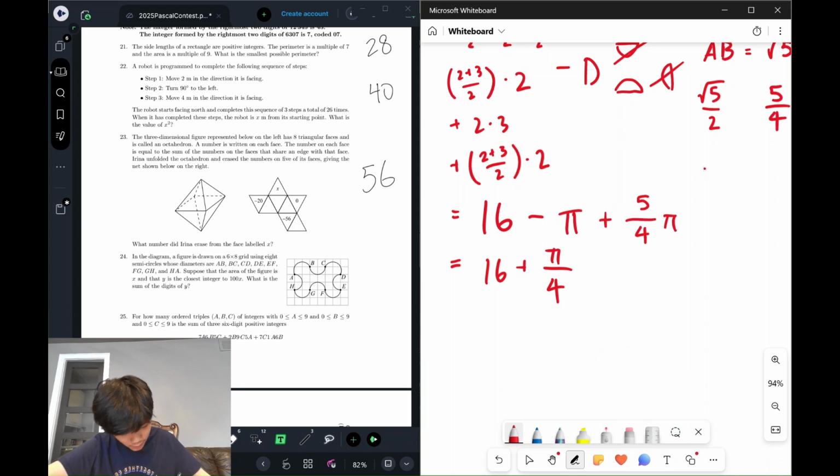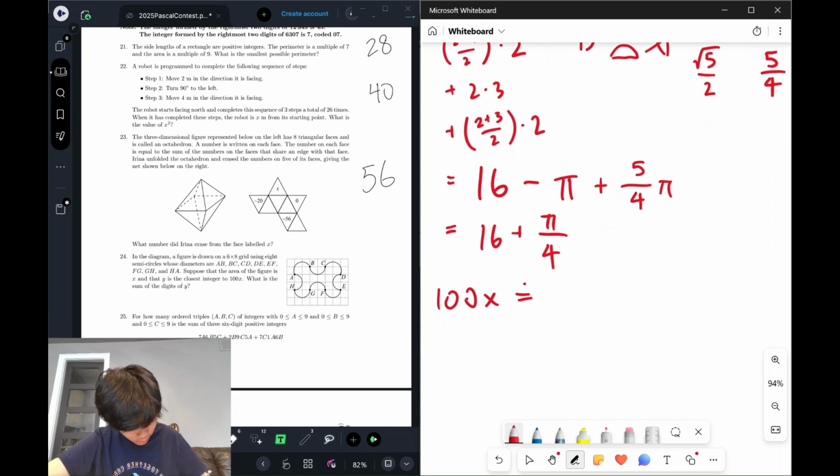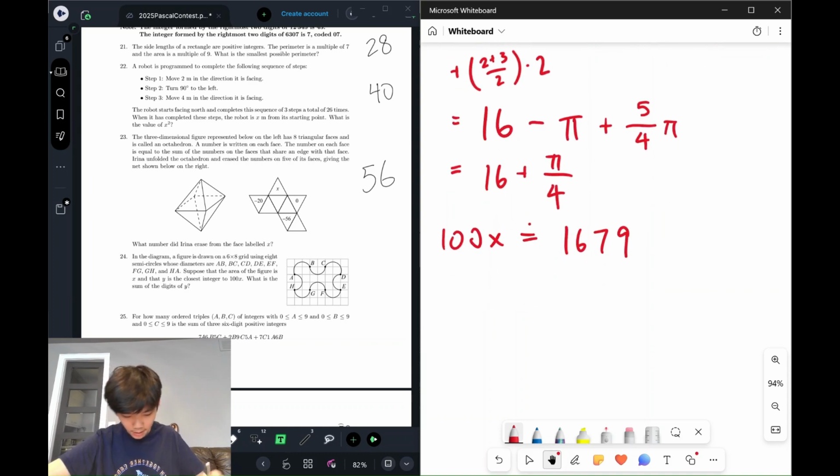So this 100x is going to be approximately, I forgot what the number was. Let's recalculate that. It's going to be 1679. And when we sum the digits, we get 23.